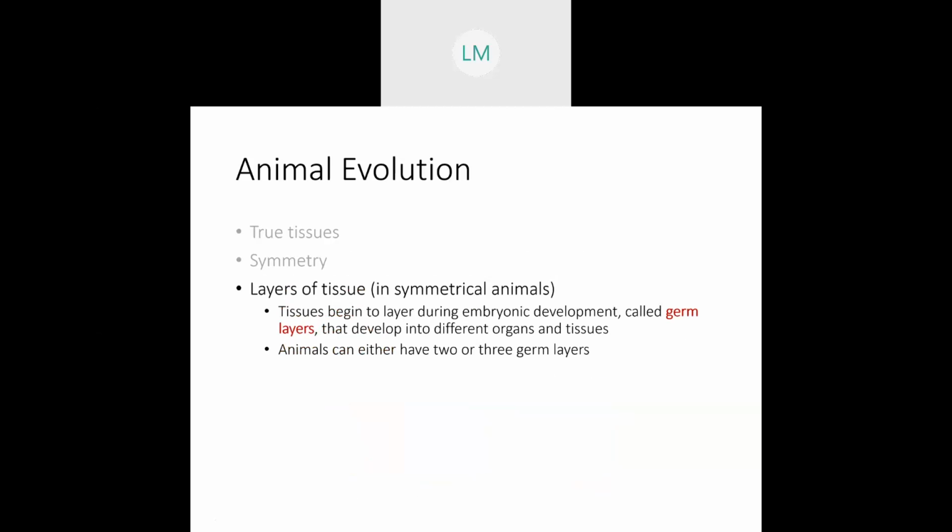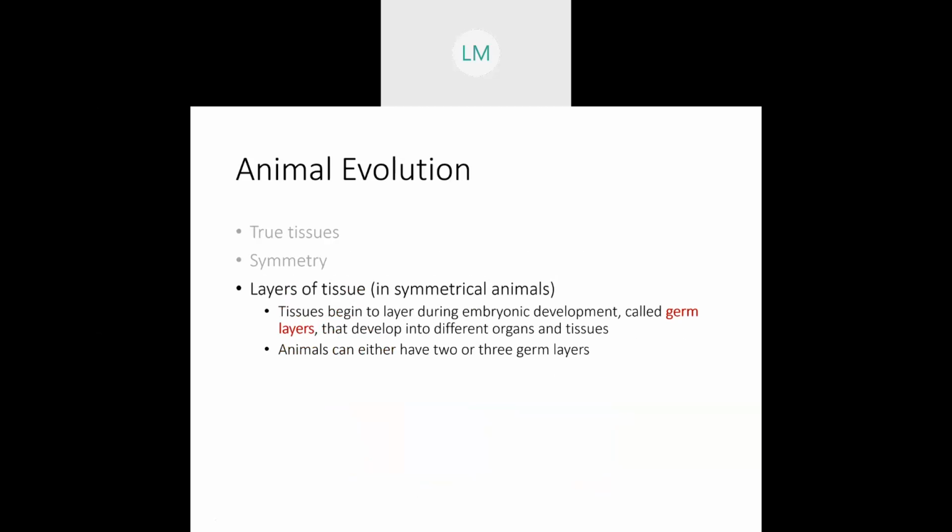So within our symmetrical organisms, so this is just talking about our radially symmetrical and our bilaterally symmetrical organisms, we have layers of tissue that develop during embryonic development that have different number of layers. So the tissues begin to layer when the embryo is developing, and these layers are called germ layers.